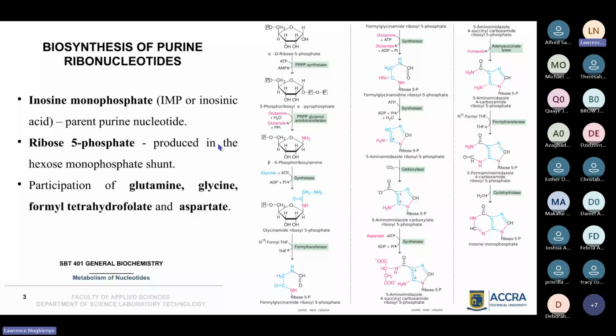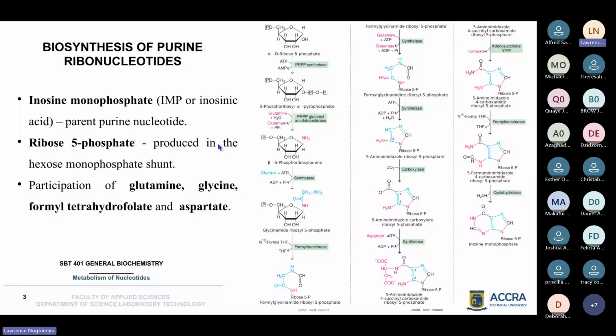But in the recycling of these nucleotides, you can have, say, a separate nitrogenous base that will then come to bind to a sugar, which we will see later. But this particular one that we are seeing is the de novo synthesis.